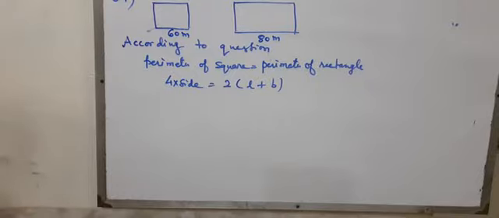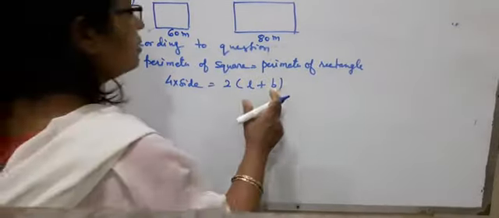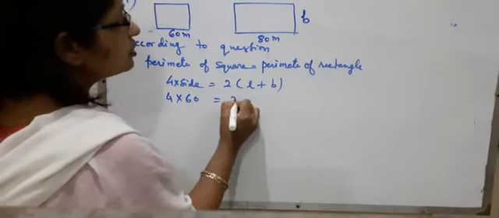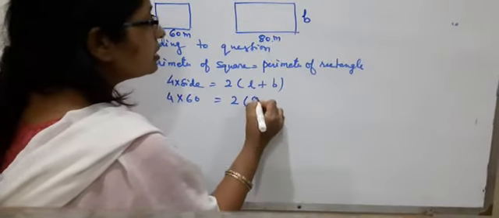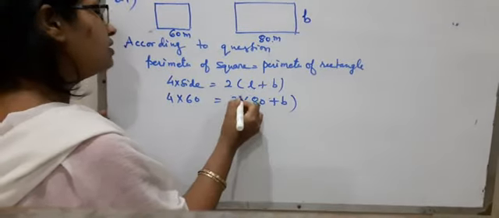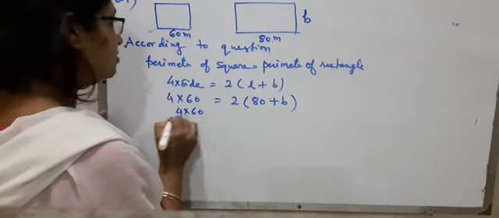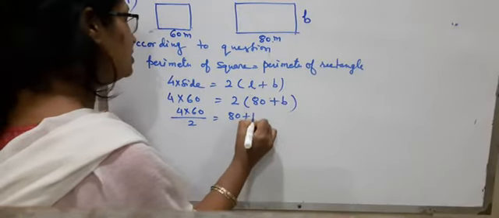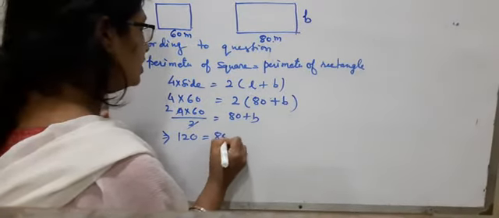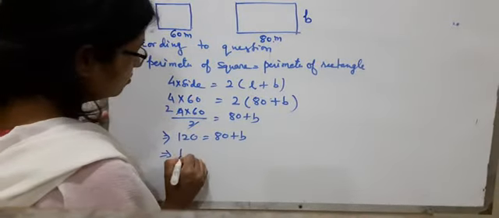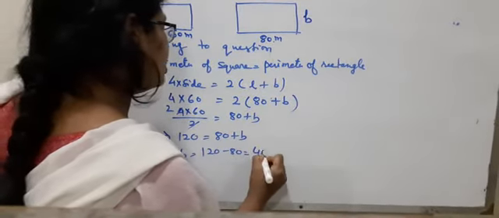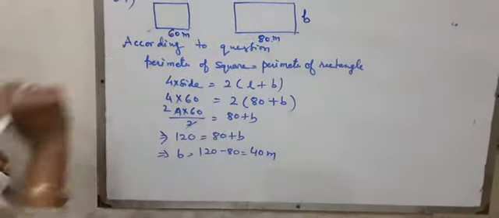Here length is given but breadth is not given. 4 into 60 is equal to 2 into length 80 meter plus b. 4 into 60 divided by 2 is 120, equal to 80 plus b. Then b is equal to 120 minus 80, which is 40 meter. So breadth is 40 meter.